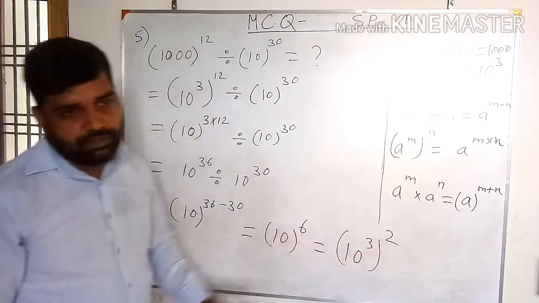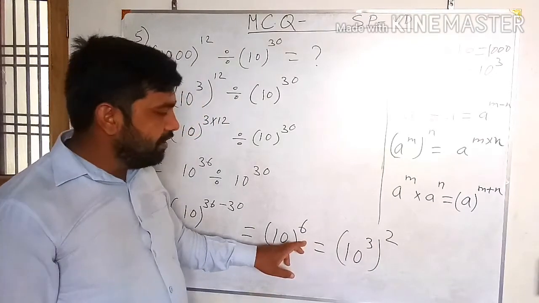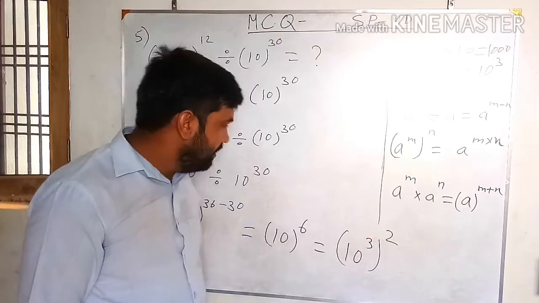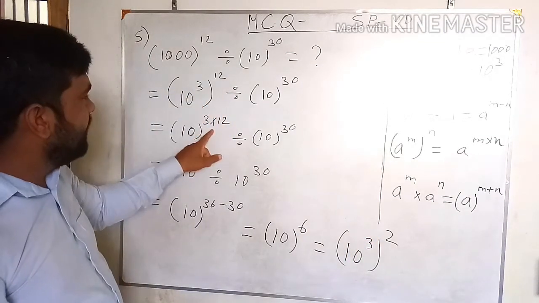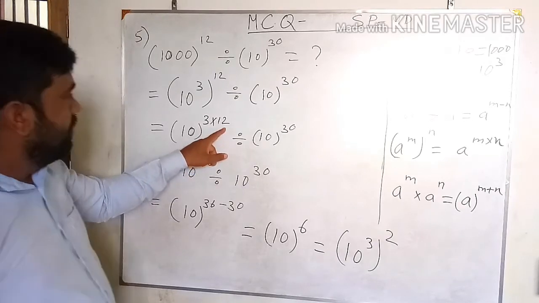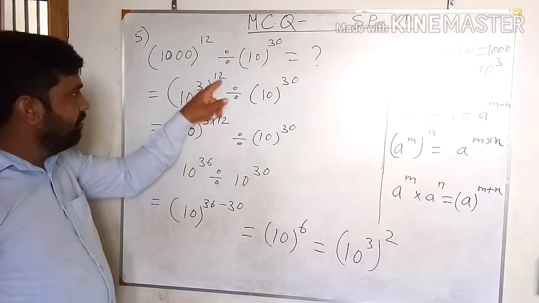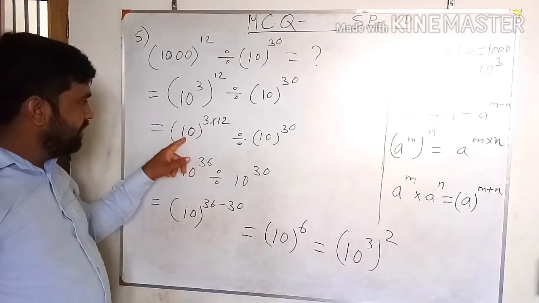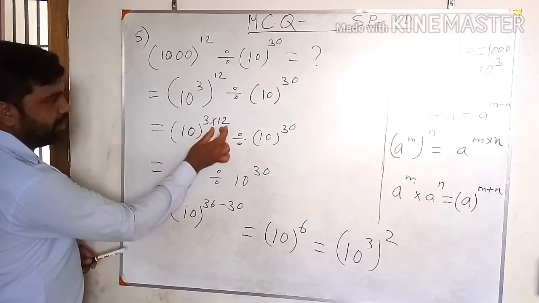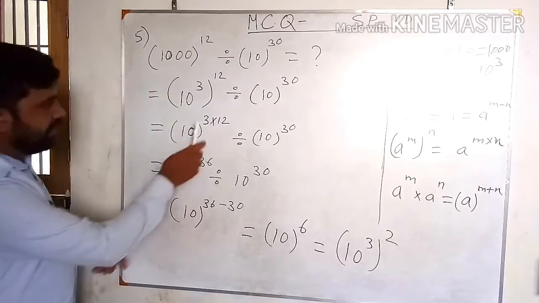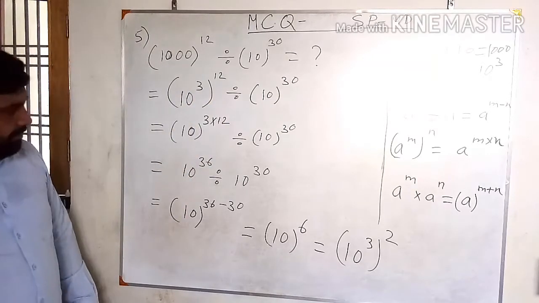Similarly, we can bring the 3 back inside: 10 to the power 3 times 12 can be written as (10 to the power 3) whole to the power 12.